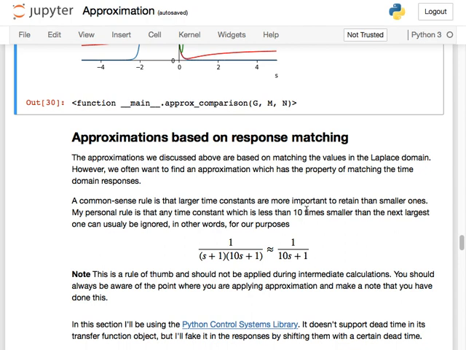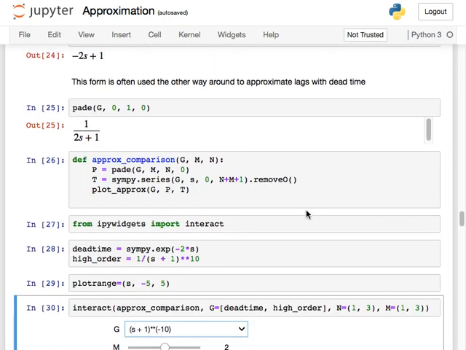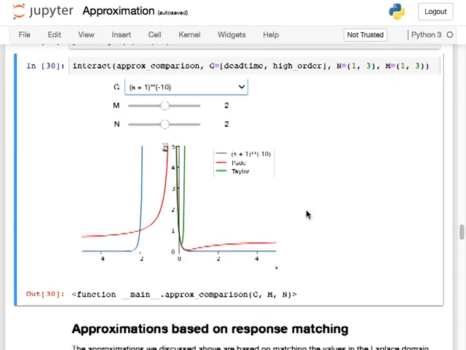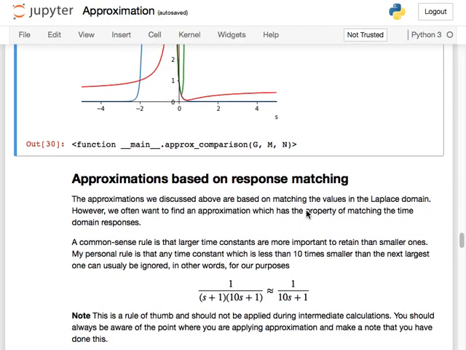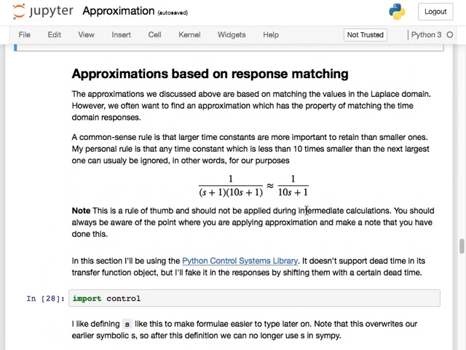Not accurately anyway. But all of that has been focused on just taking the function and reducing the order based on that transfer function itself as a function of s. But there's a separate way of thinking about this, which is to say, I don't care about the Laplace transform because I've never seen a Laplace transform on a plant.